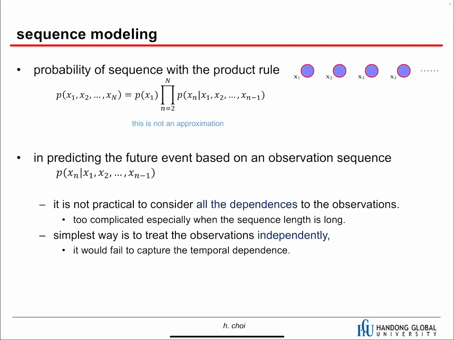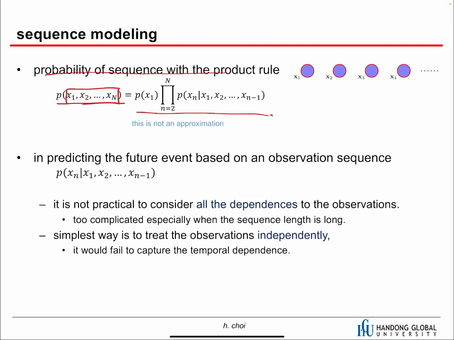Okay, now let's talk about modeling sequential data. When we have a sequence, the probability of a sequence can be represented with this product rule. So this is the probability of a sequence, where n is actually time, and this can be decomposed into this.